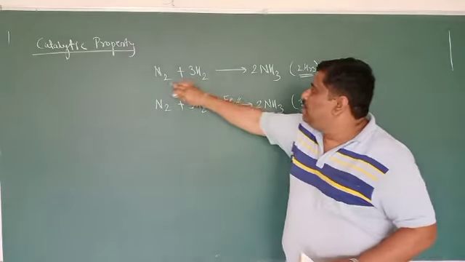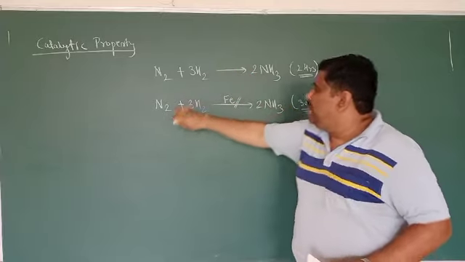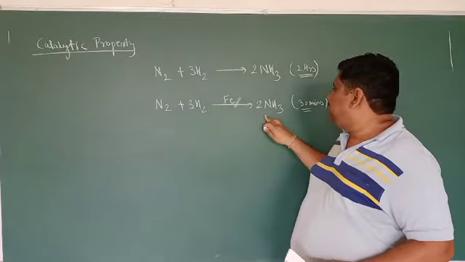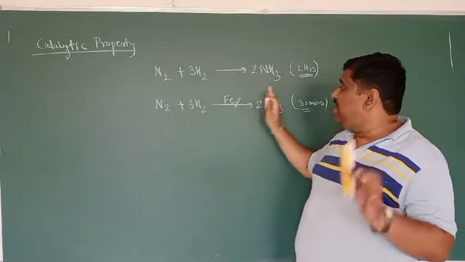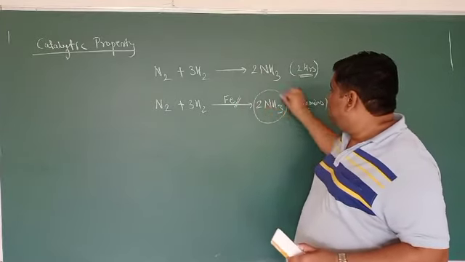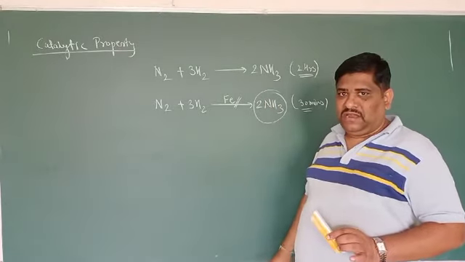Look here: N2 plus 3H2, the product is NH3 without the catalyst, and N2 plus 3H2, the product is NH3 with the catalyst. This means the catalyst is not altering or affecting the products. The products remain the same.